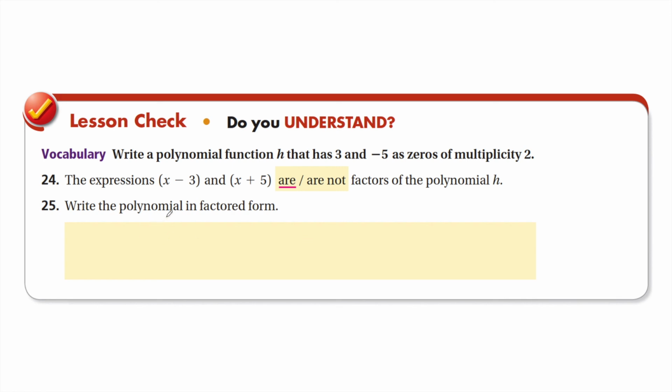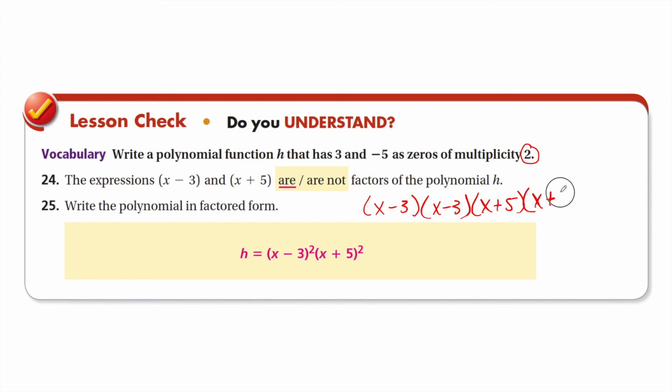If I were to write this polynomial in factored form, you would get something that would look like this. Notice, multiplicity of 2 means that both of these need to happen twice. In other words, it would be like me writing them twice. So we would have x minus 3 times x minus 3 times x plus 5 times x plus 5.